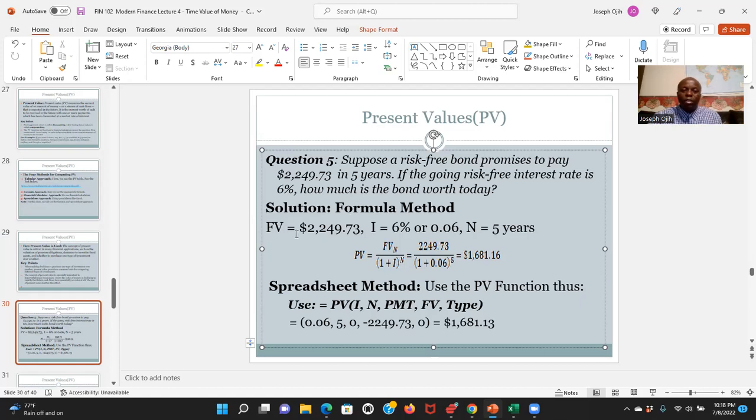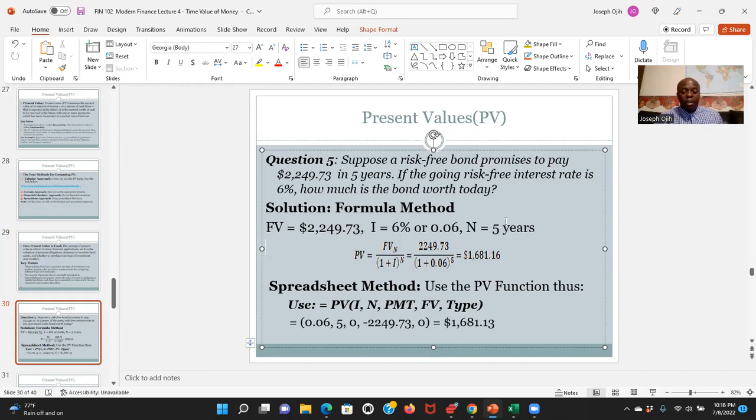So our future value, that means how much the bond pays in the future, according to the equation, is $2,249.73, and interest is 6%, which is same as 0.06, and n is 5 years. So we plug these numbers into the formula, and we get our present value.